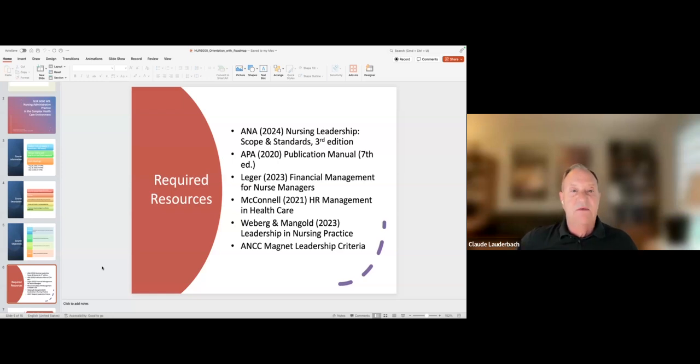So I get the ones that we don't have to pay for, and I think you can at least get their Magnet criteria. I don't have any particular content specific to Magnet, but as you get into later courses, we'll talk more about Magnet and what it means. And there are things that you should be aware of if you're going to be a leader in hospitals.